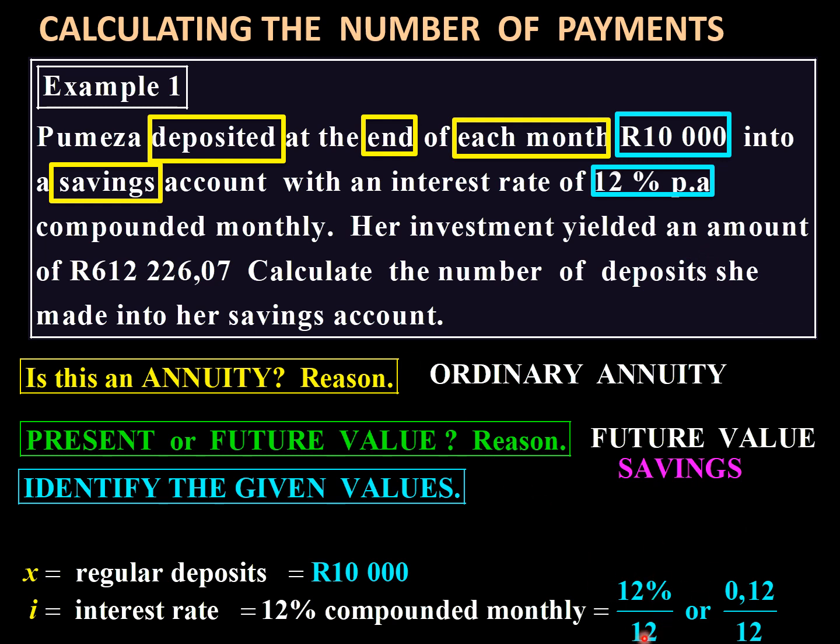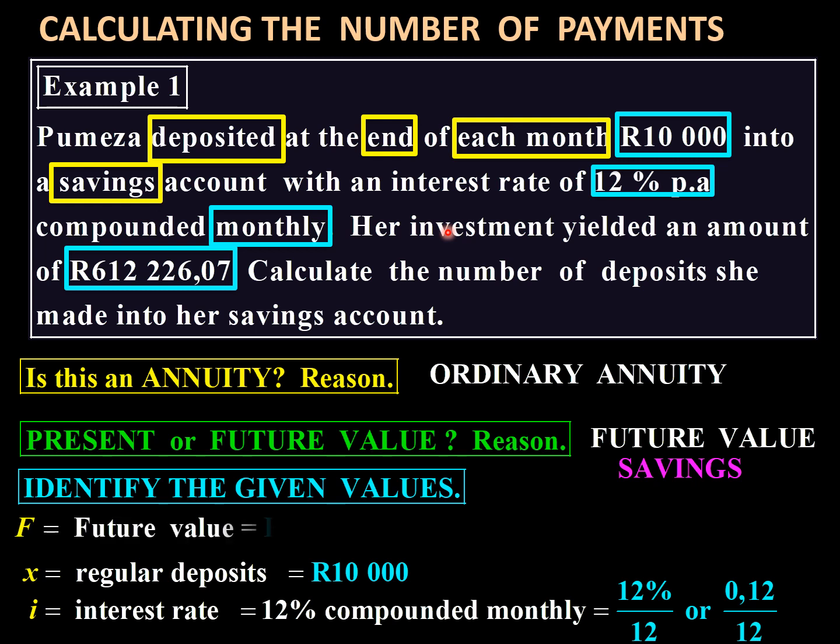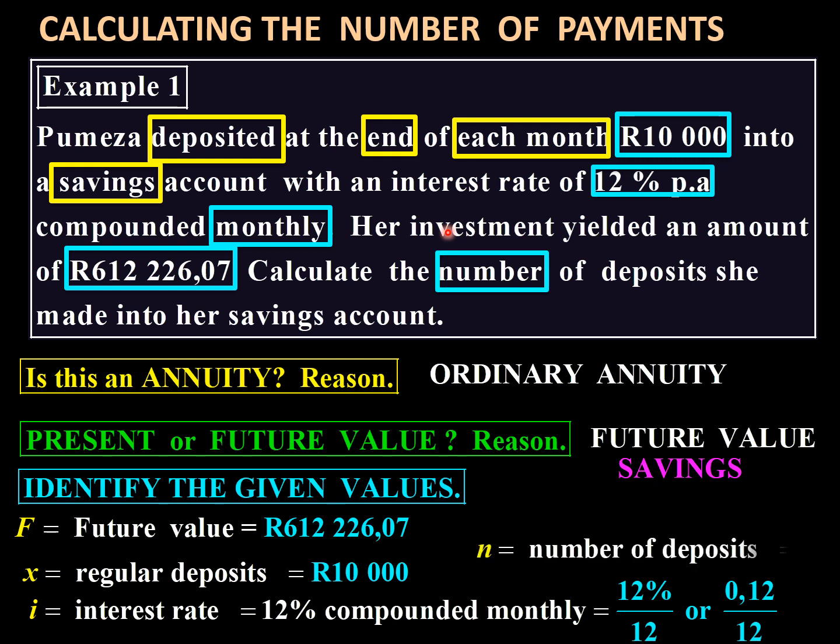But if it's something else, just leave it as in percentage form there. And then we have 600 monthly, and then we have 612,226 Rand and 7 cents, and that is the future value of an investment. And then we have to calculate the number, and the number there is the unknown. So that's what we have there.